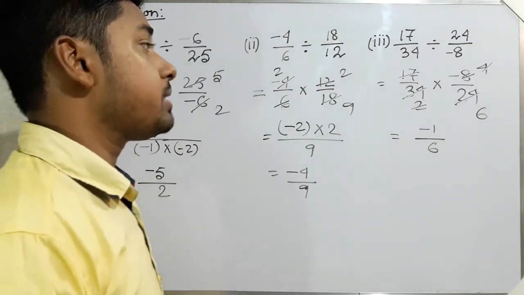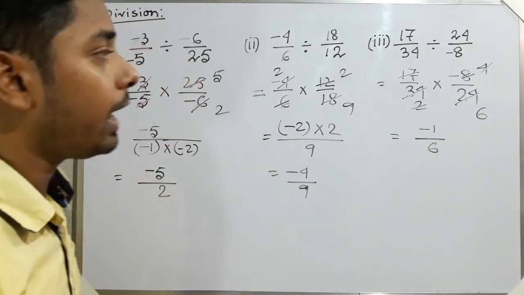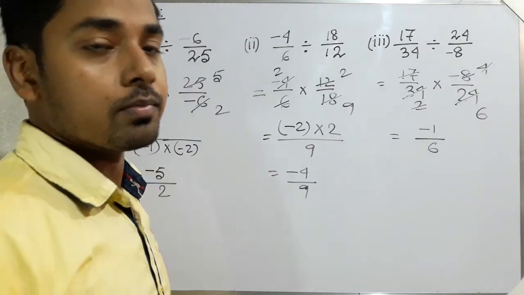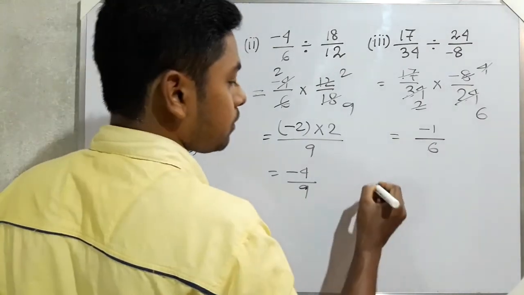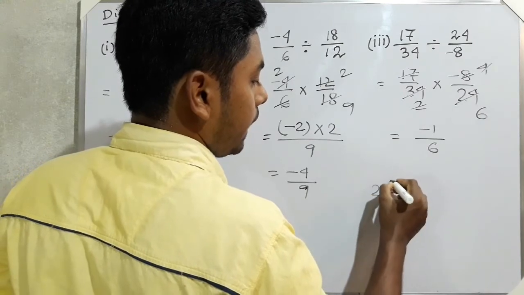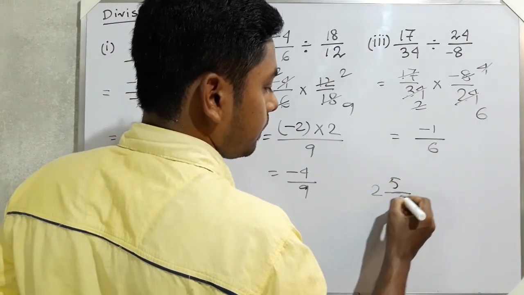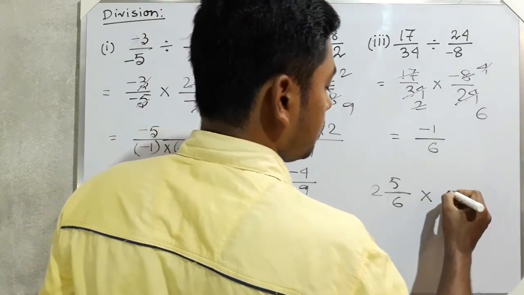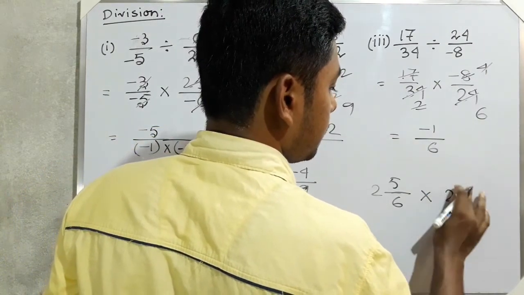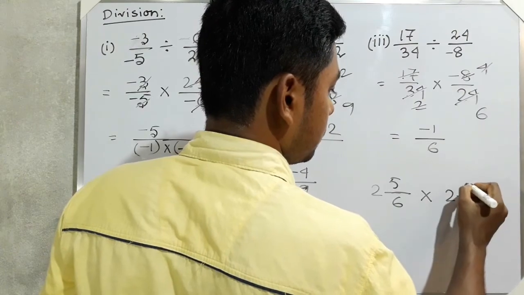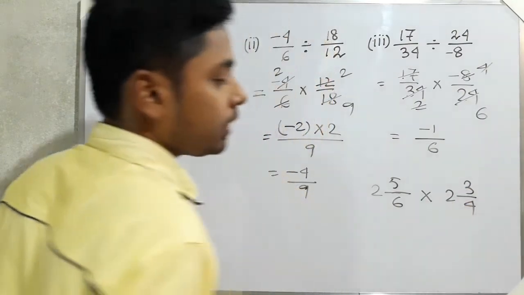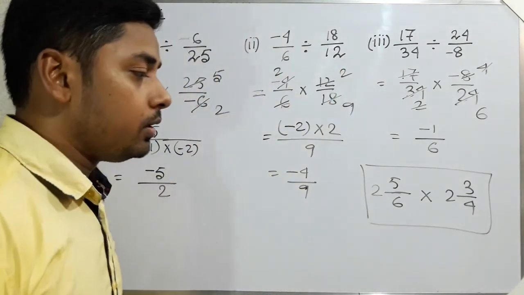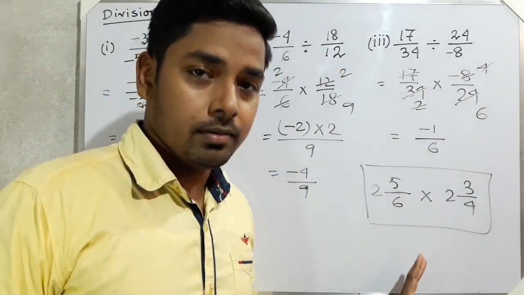Okay, these are simple examples. But whenever you have a mixed fractional rational number, suppose you are having 2 and 5 upon 6 into 2 upon 3 by 4, whenever you have this type of question, then don't worry.